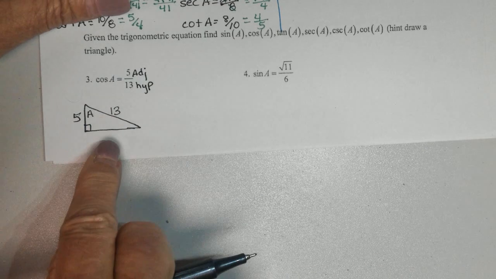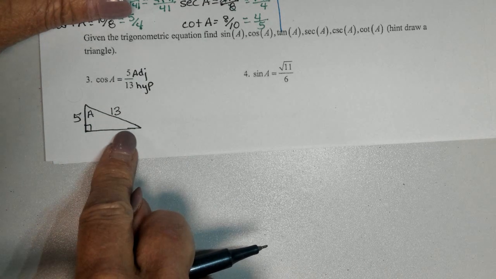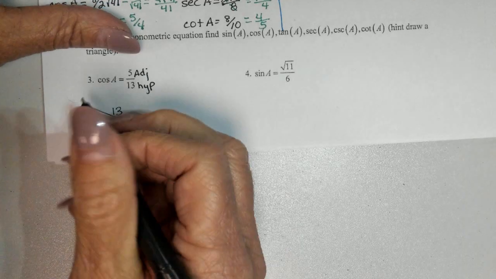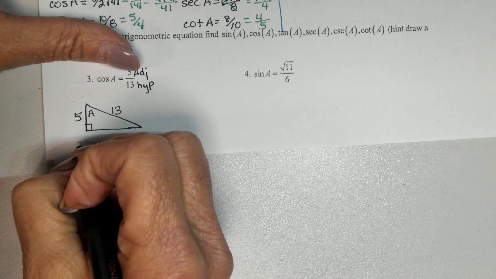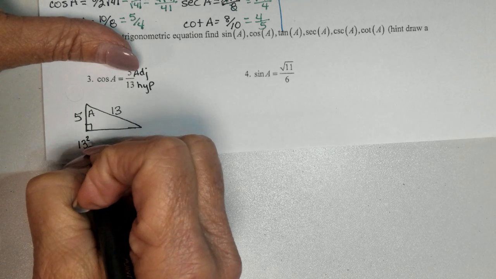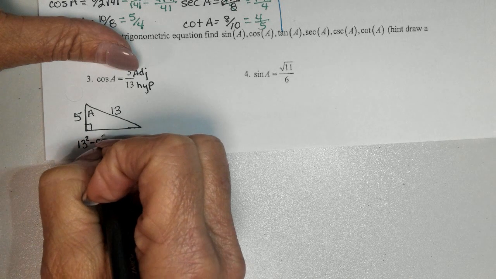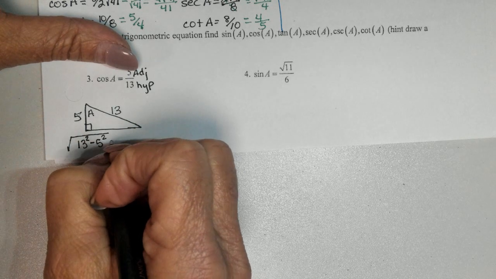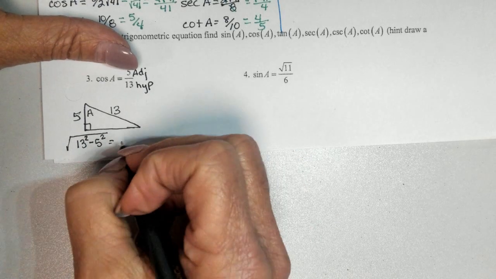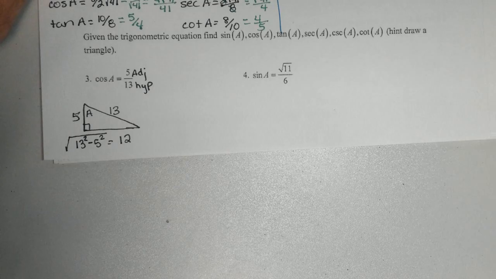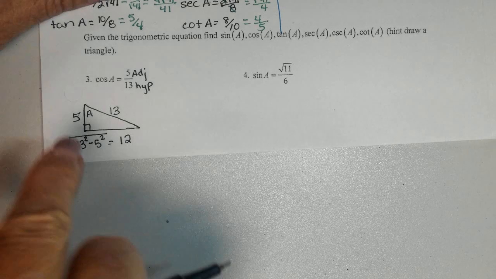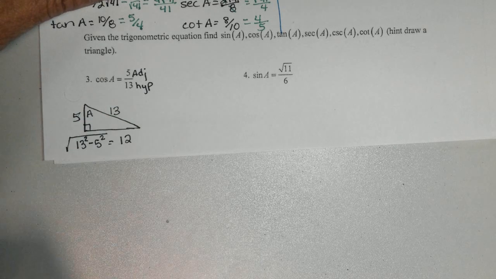You can find your third side, again, doing Pythagorean theorem, but this time I've got my hypotenuse, so we've got 13 squared minus 5 squared. That's going to be 144, and the square root of 144 is 12. So we've got a nice even answer right there. So those are my side lengths, 5, 12, and 13.